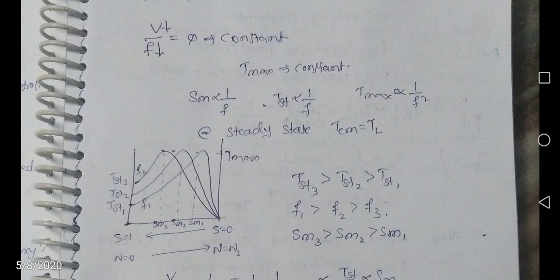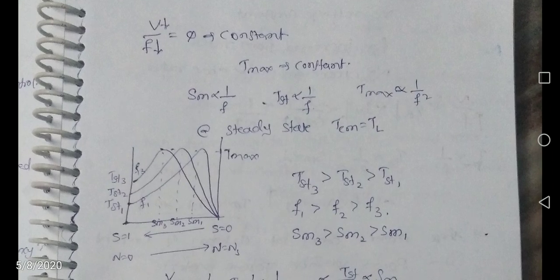At steady state condition, Tem, the electromagnetic torque, is equal to load torque. When electromagnetic torque is equal to load torque, then the machine is operating under steady state condition.